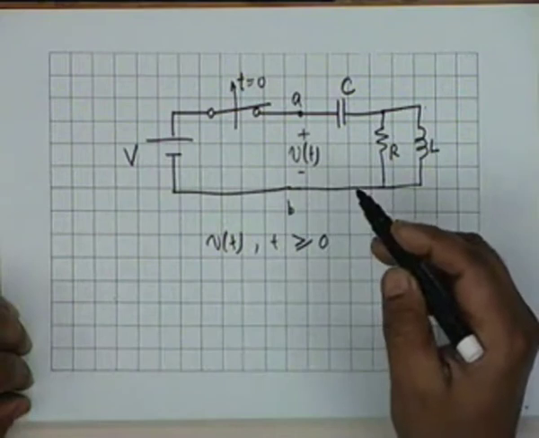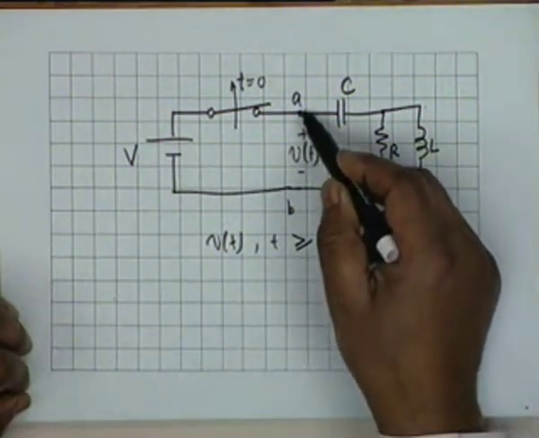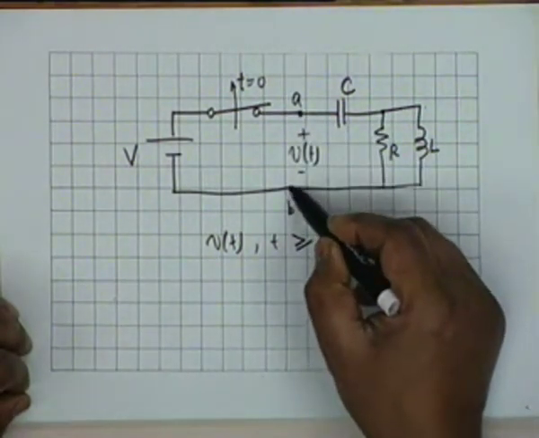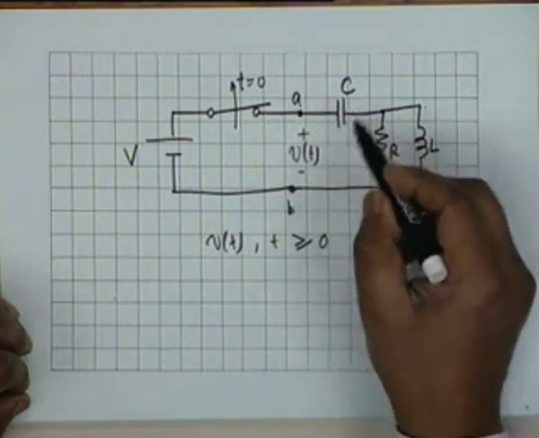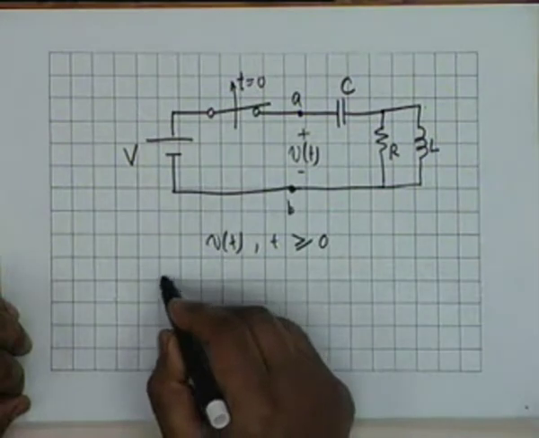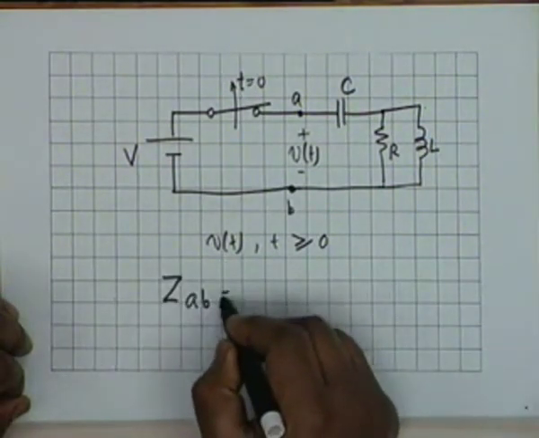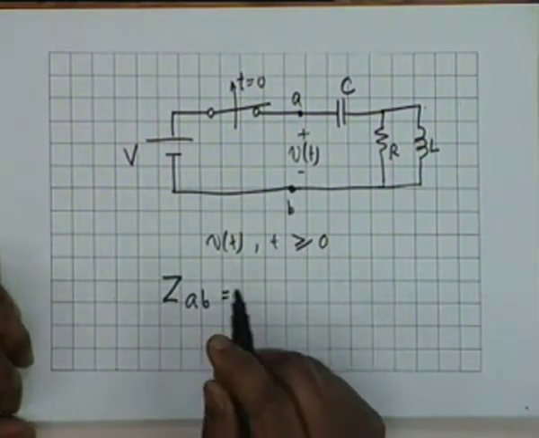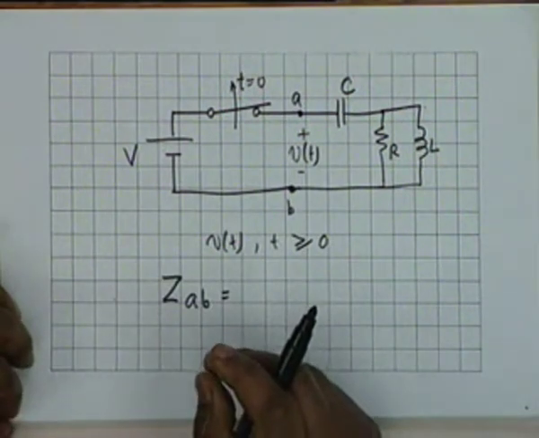So we find out the impedance looking into the network from the terminals A and B. Alright, so we find out ZAB, and what will be of concern are its poles.